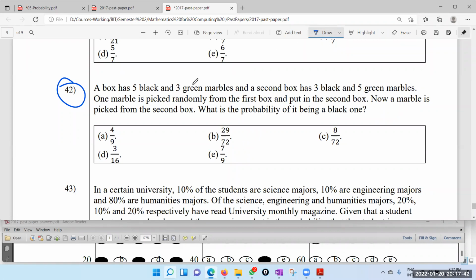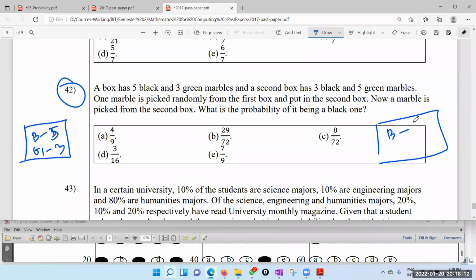A box has 5 black and 3 green marbles. The second box has 3 black and 5 green marbles. So the first one I will draw here: 5 black and 3 green. And the second box has 3 black and 5 green.